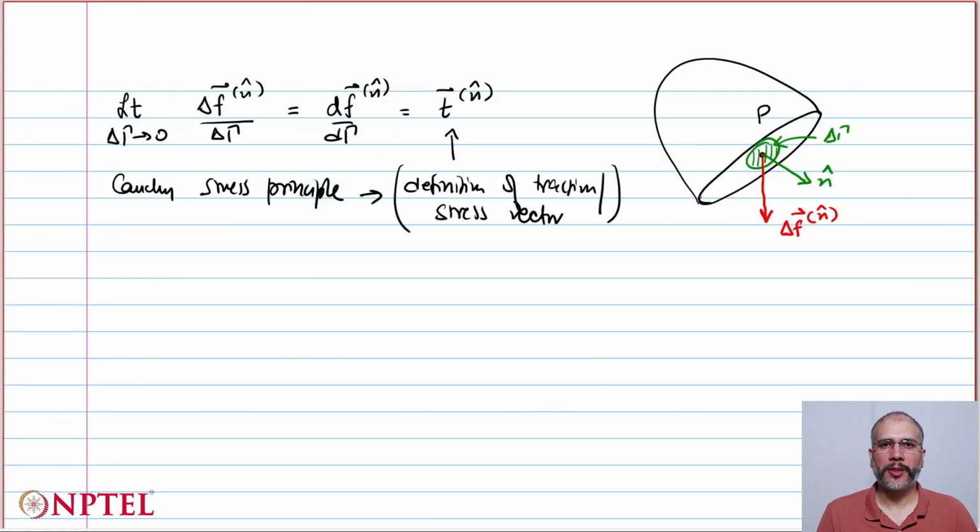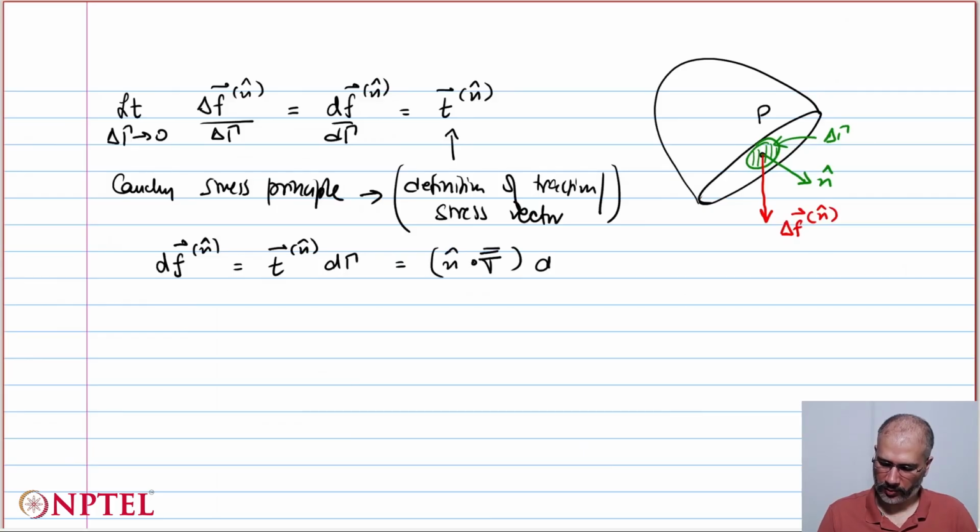So in the end, it's all about being able to calculate the force delta F. So this delta F or dF on the cutting plane with the normal n hat is ultimately given as the traction times d gamma, which in terms of the Cauchy stress tensor is written as n dot sigma times d gamma.